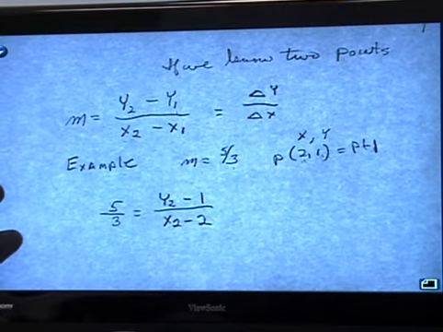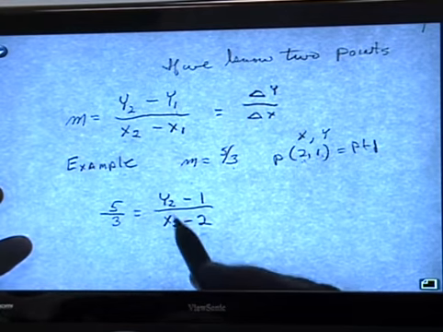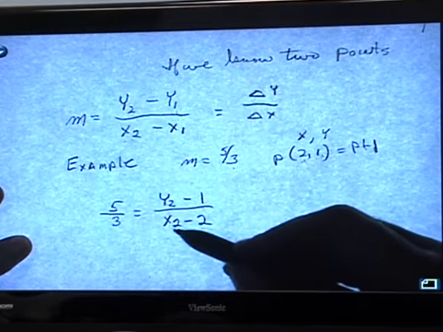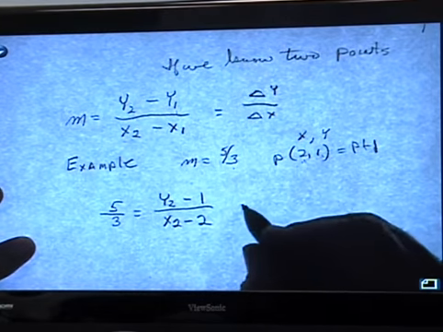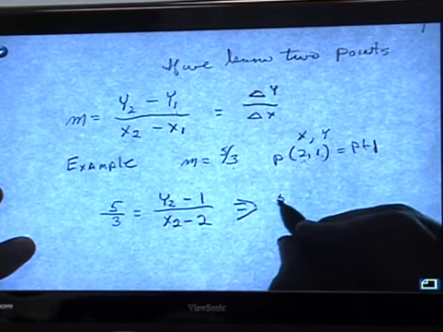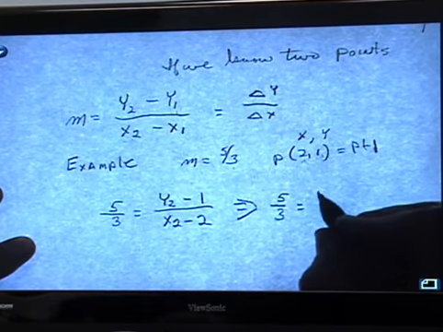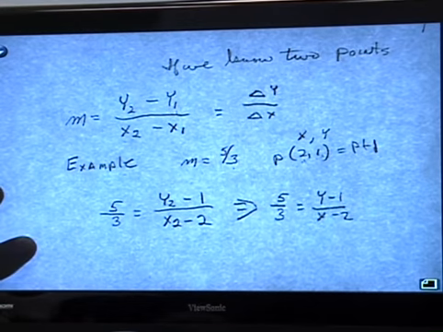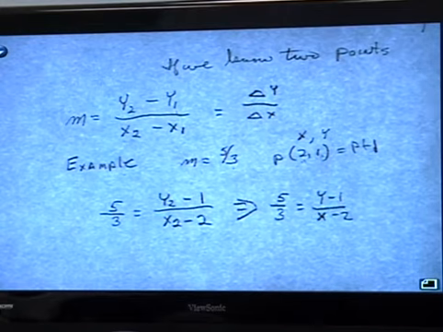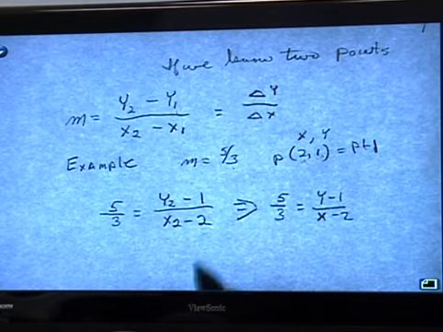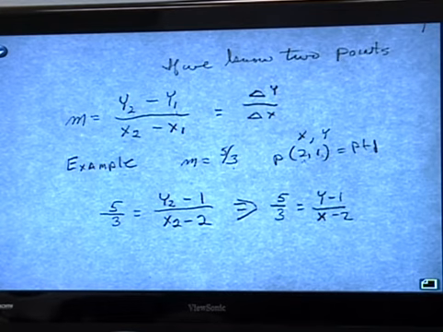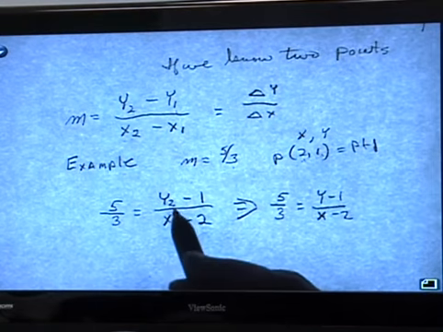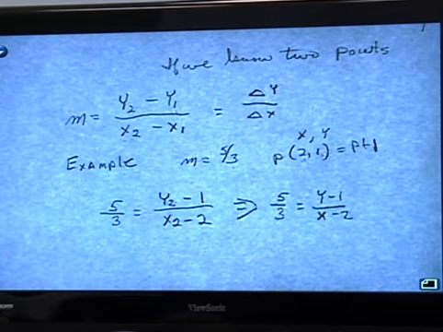Okay? Well, there's only one y now and only one x. So let's rewrite this as 5/3 equals y minus 1 over x minus 2. You can leave the subscripts in there if you want, and you'll still get the right answer, but most people drop them. Once you substitute, there's no sense keeping that subscript.